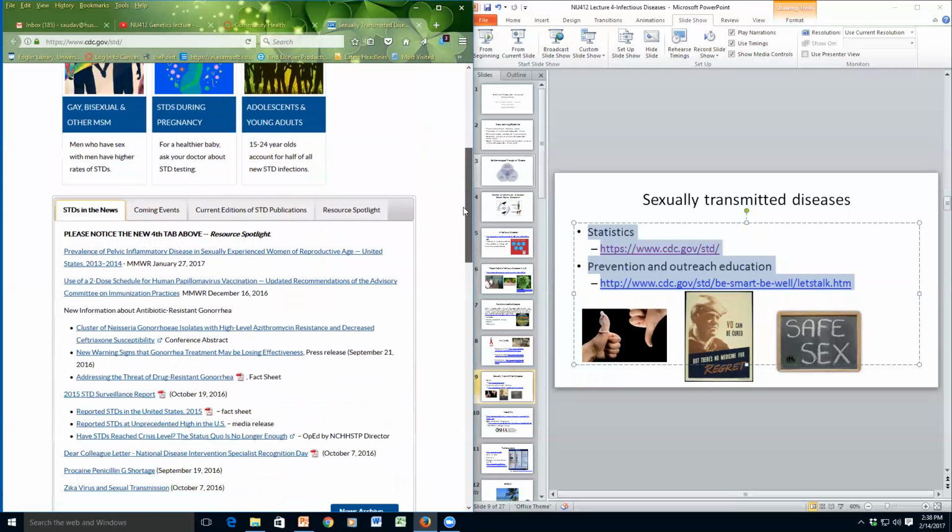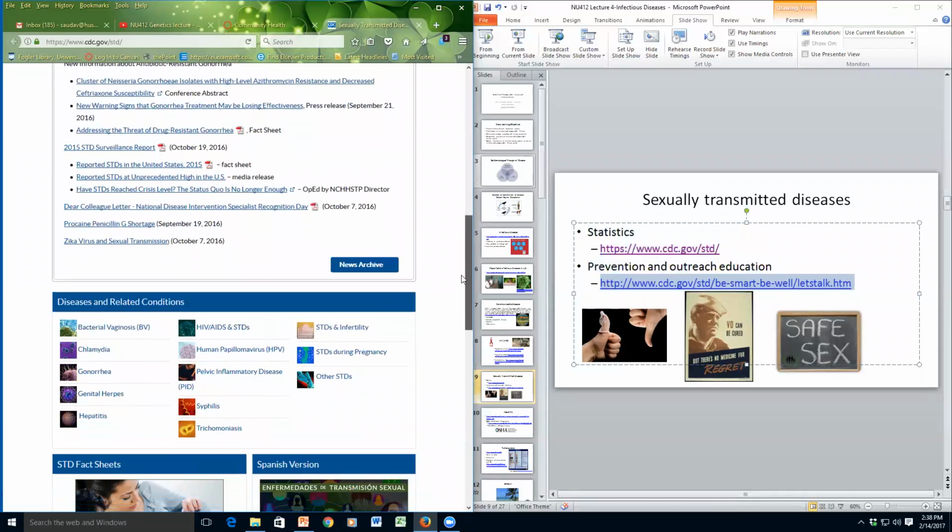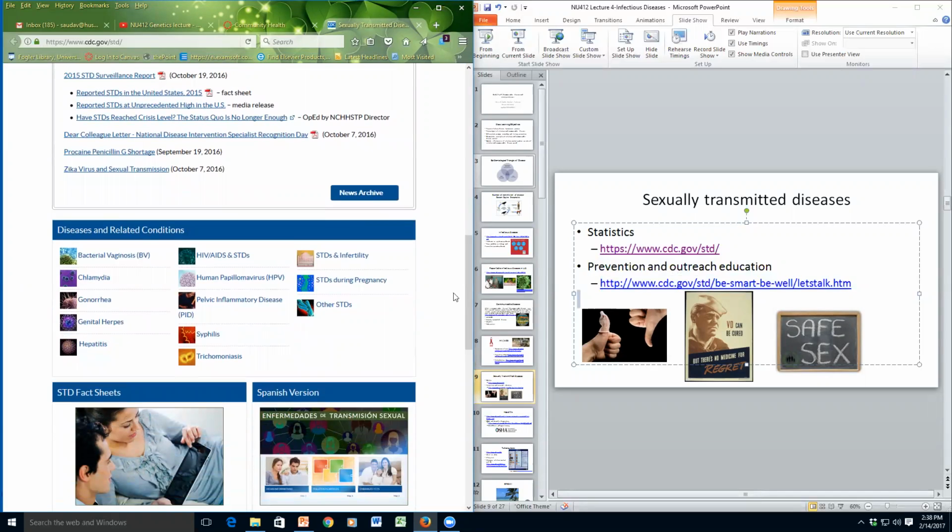If you take a minute and just review some of the information that is available on the website, you'll notice that many of the diseases that we see sexually transmitted can be prevented.